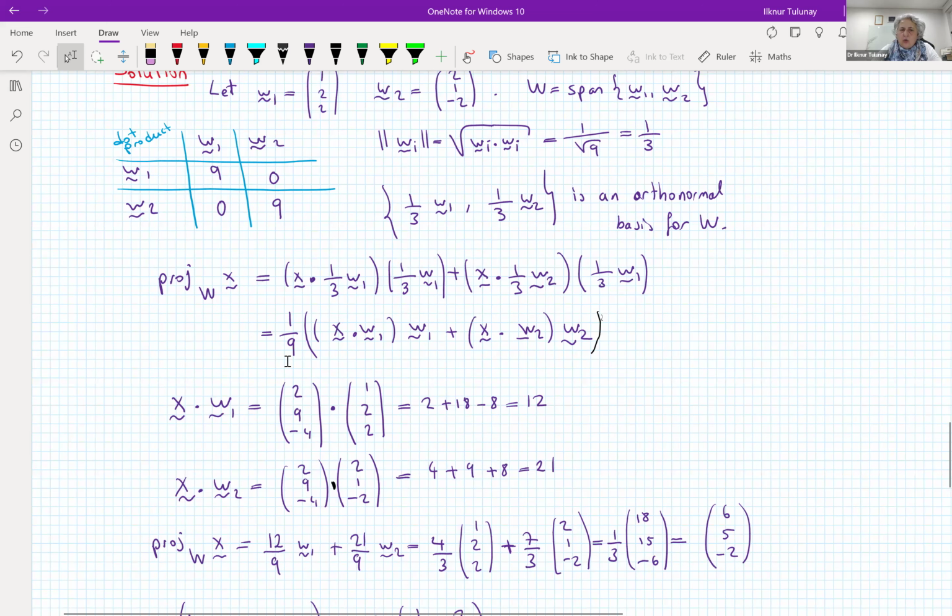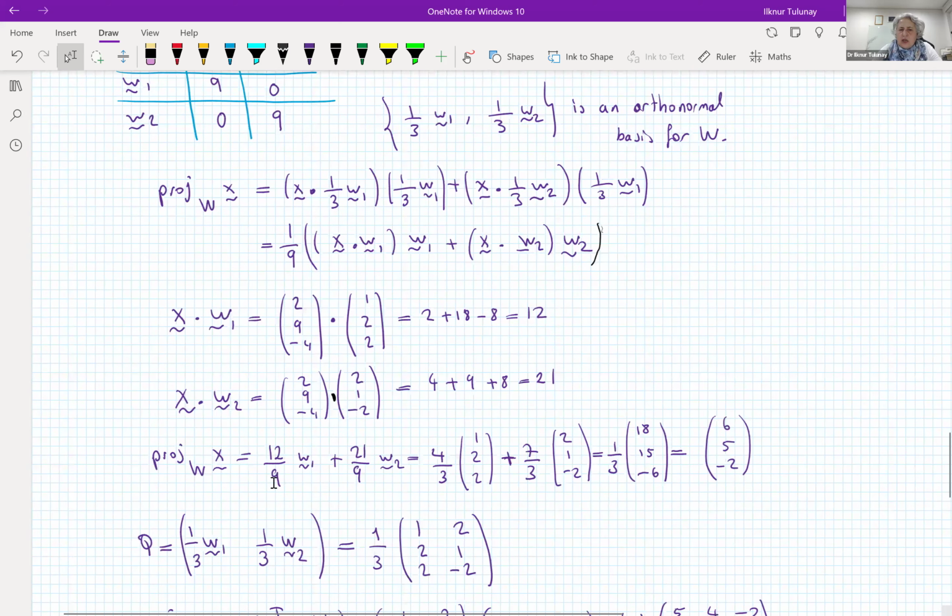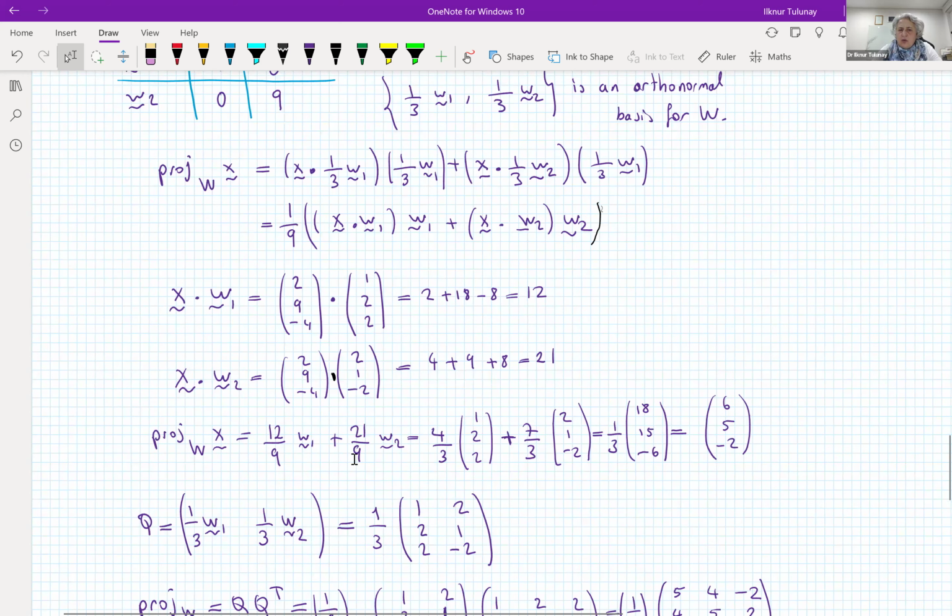So this number here is 12, and this number is 21. But we have 1/9 in the beginning. And then we have 12/9 W1, 21/9 W2. If we simplify this one, that will be 4/3. And if we simplify this one, we will have 7/3. And W1 is 1, 2, 2, and W2 is 2, 1, minus 2.